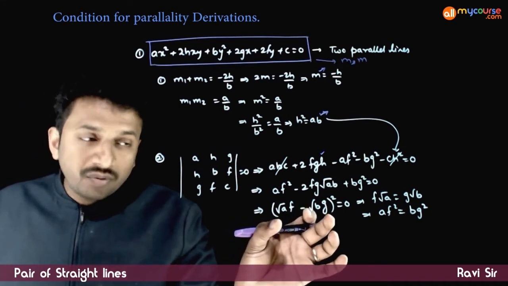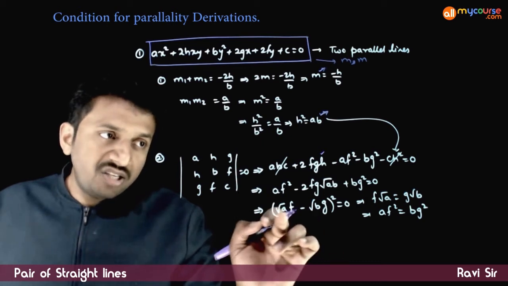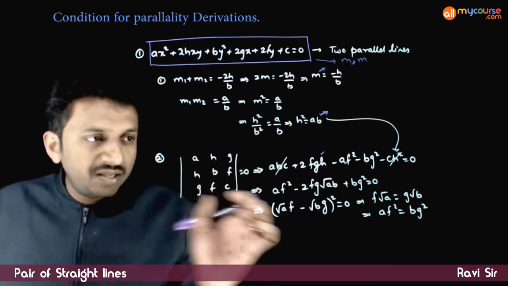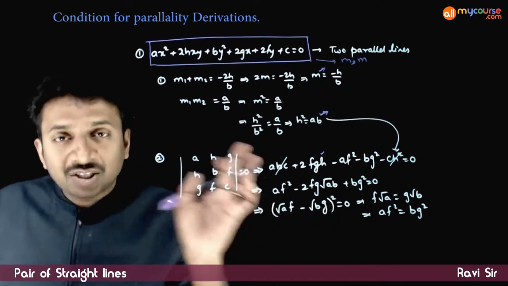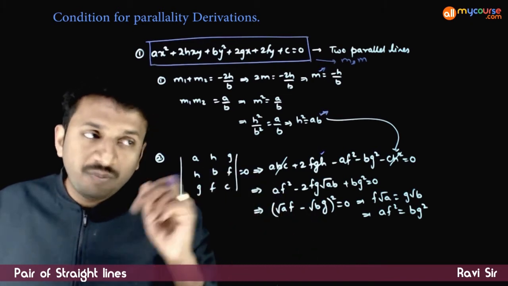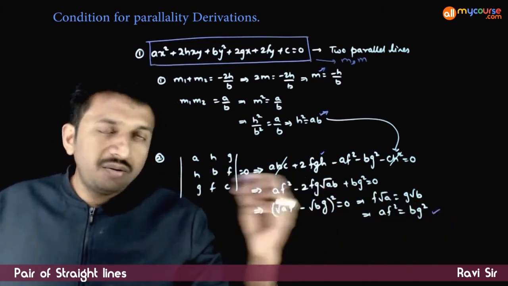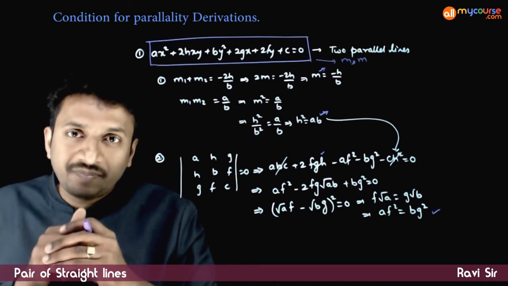What is this whole square? af square plus bg square minus 2fg root a root b. Something whole square is equal to 0 implies something has to be 0. So f root a has to be equal to g root b. By squaring, you get af square is equal to bg square.